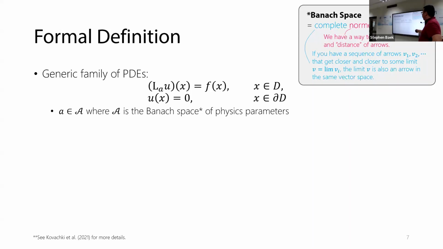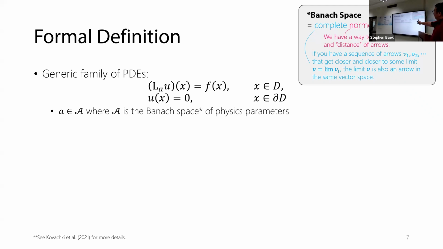We define a as those physics parameters. And again, without losing generality, we consider a as a function defined over a space, because some physical properties are constant everywhere, but there are properties that vary over space, right? Permeability, for example, varies over space. Porosity, density, those kinds of things can vary across the space. And we use the term Banach space.